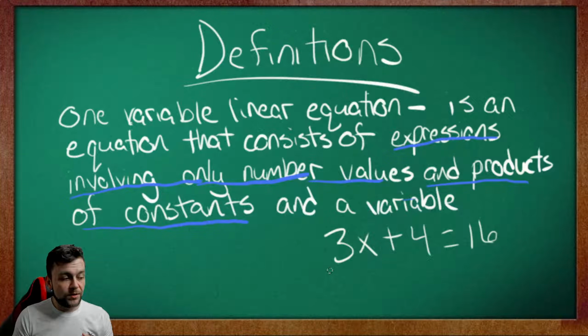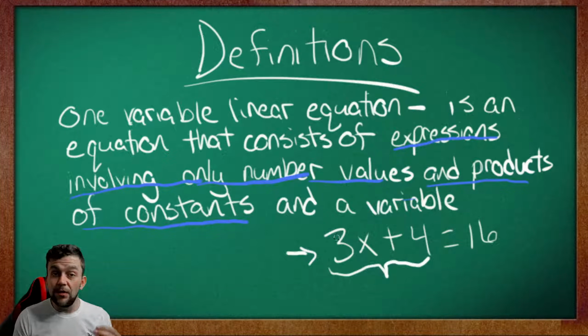All right, so this right here is your expression, right? And inside of this expression, we have a constant 3 being multiplied, or the product of 3 and x. So the 3 is being multiplied by the x. And then we have the number 4.